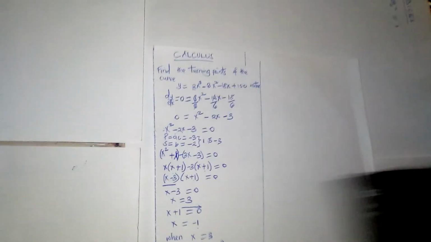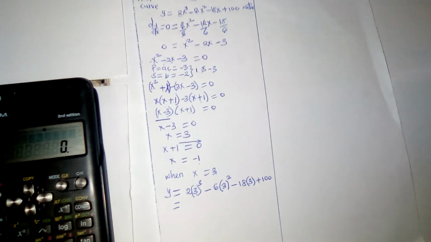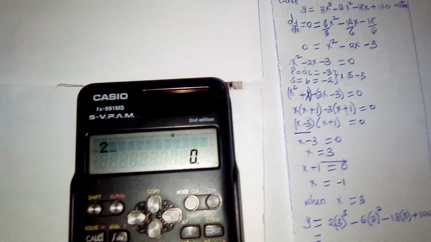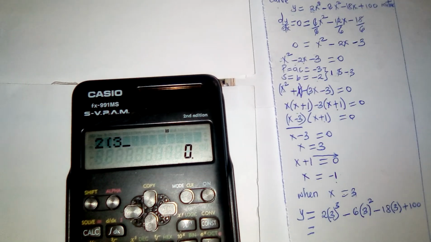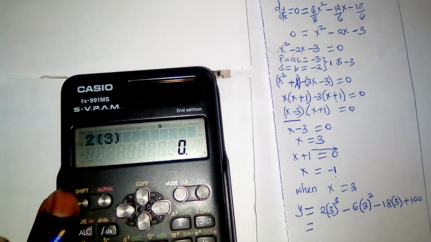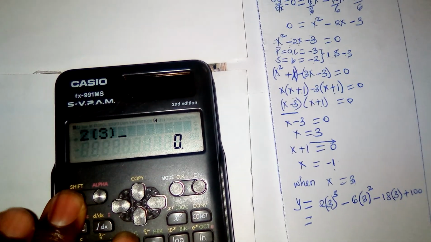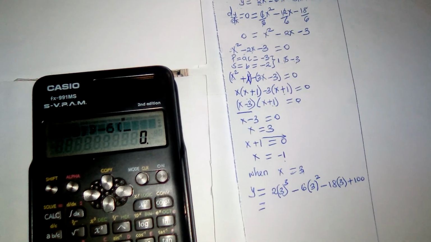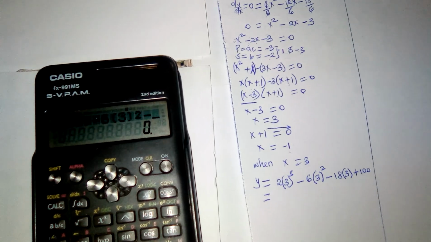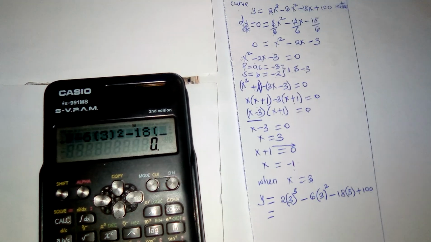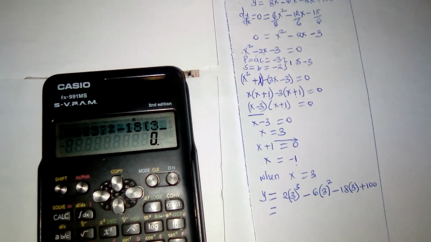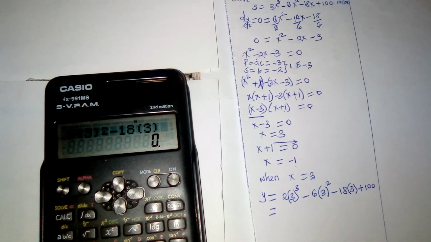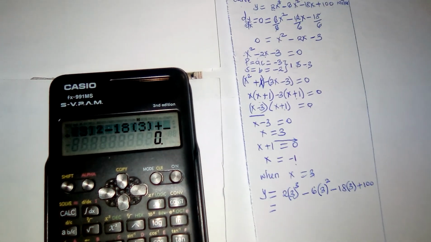So when I work this out, I'll be having 2 into 3 raised to 3, minus 6 into 3 squared, minus 18 into 3, plus 100.